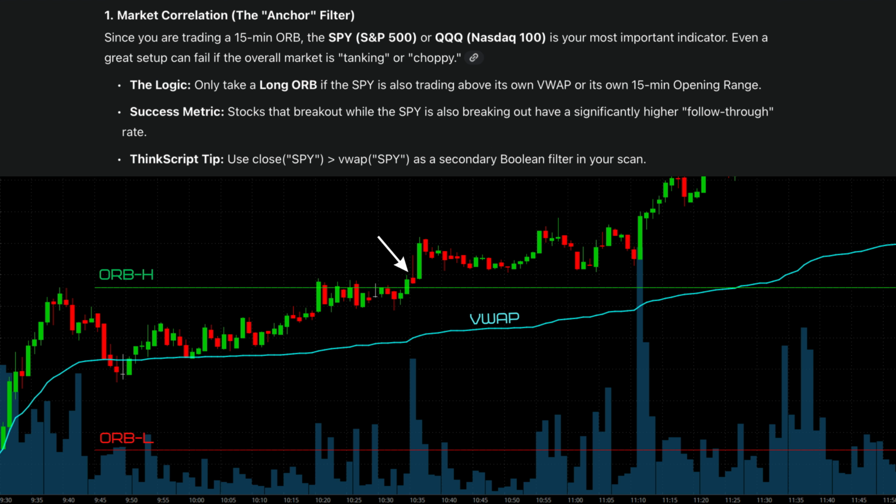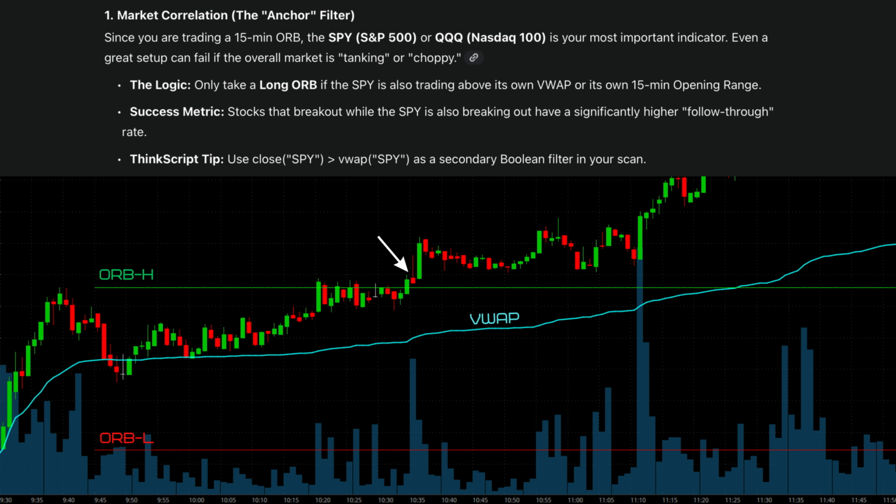1. Market correlation, the anchor filter. Since you are trading a 15-minute ORB, the SPY (S&P 500) or QQQ (NASDAQ 100) is your most important indicator. Even a great setup can fail if the overall market is tanking or choppy.